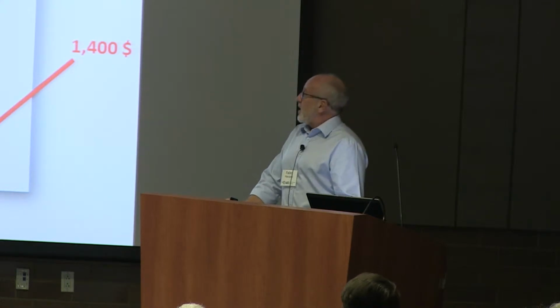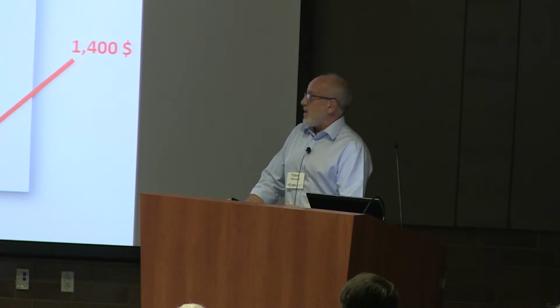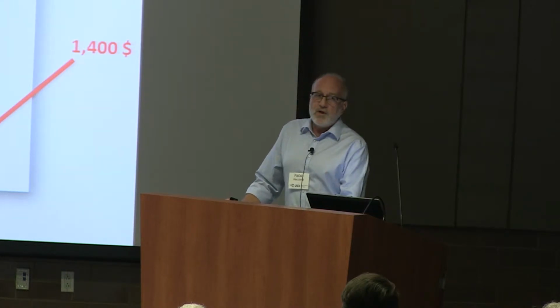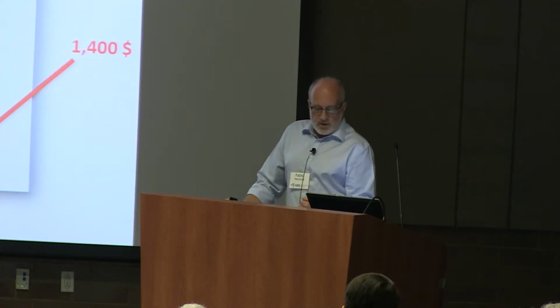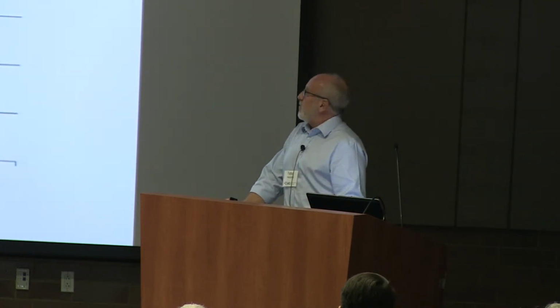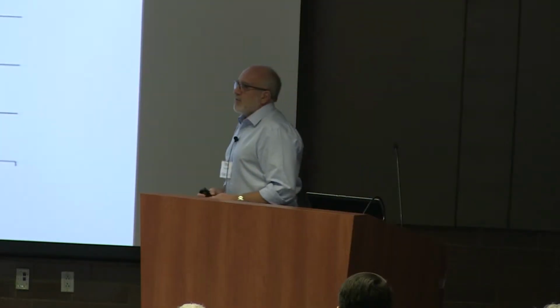Now each single genome sequenced in a small lab like my lab costs approximately $1,400. So with the reduction in cost, we are incredibly increasing the amount of data volume production.